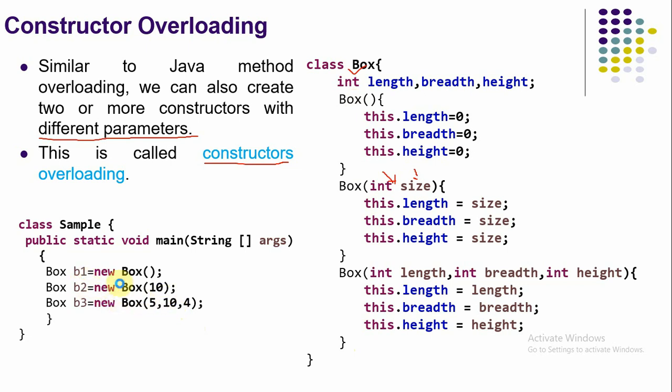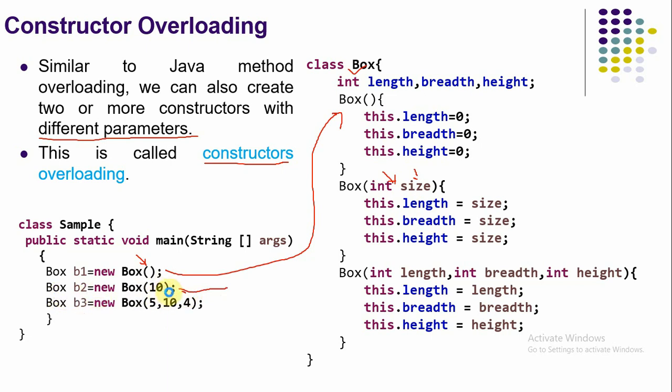When I create an object with no argument, it will look for the exact match, and the exact match is here, so this particular constructor will get executed. Based on the number of arguments, it looks for the exact match. Similarly, when you create the second object, B2, how many arguments are we passing?